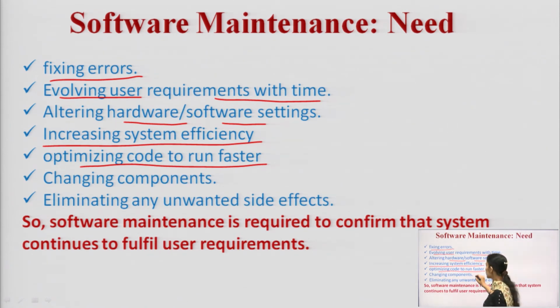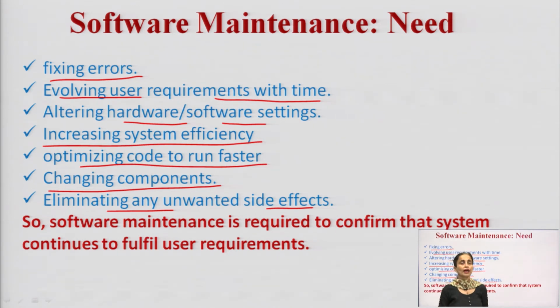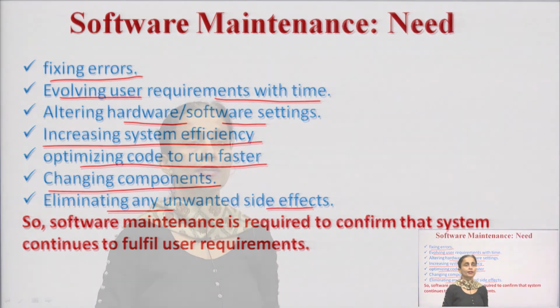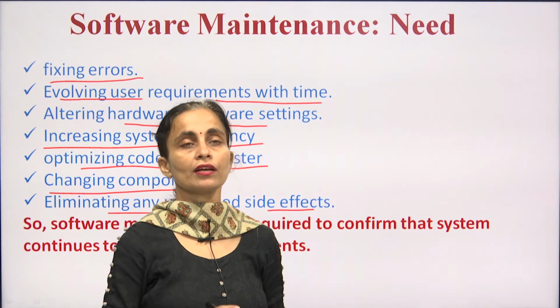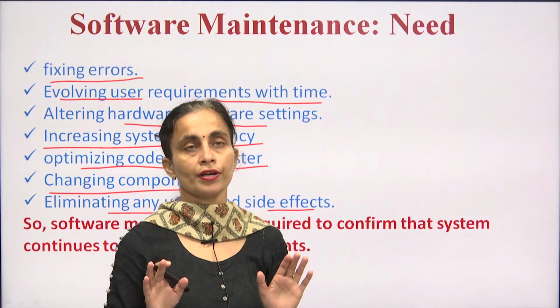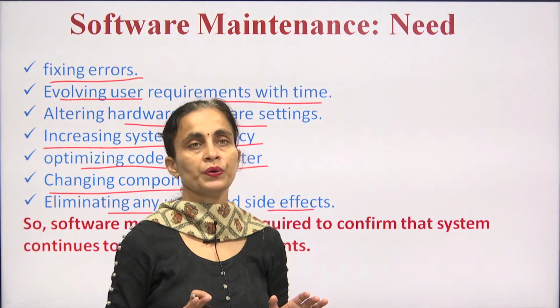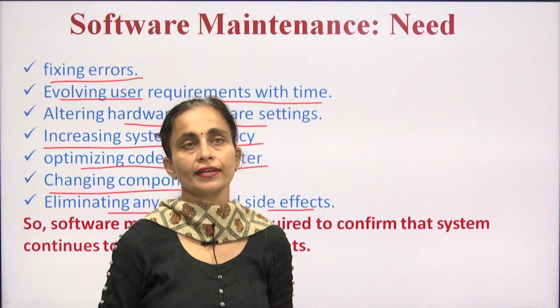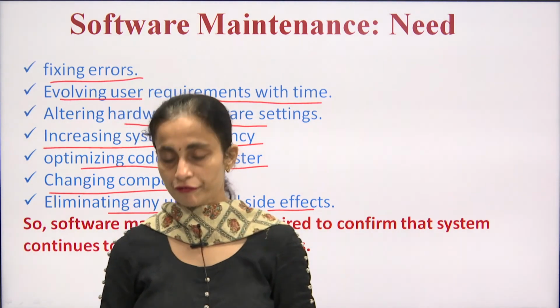Suppose I want to change the components, then again there is a need for software maintenance. I want to eliminate the unwanted side effects residing in my code. I want to eliminate the unwanted modules that are not being used in my software. They are obsolete now, so they should be deleted. That is why there is a need for software maintenance.